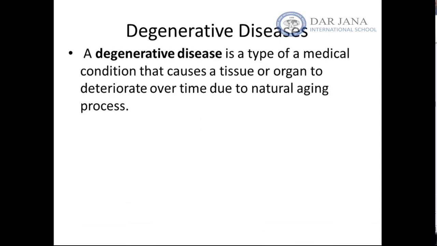Degenerative diseases. A degenerative disease is a type of medical condition that causes a tissue or organ to deteriorate or to collapse over time due to the natural aging process.